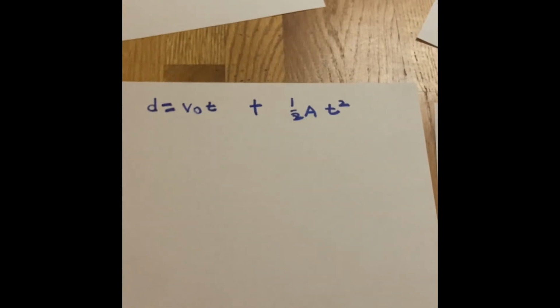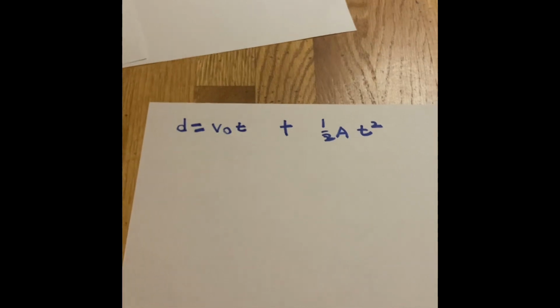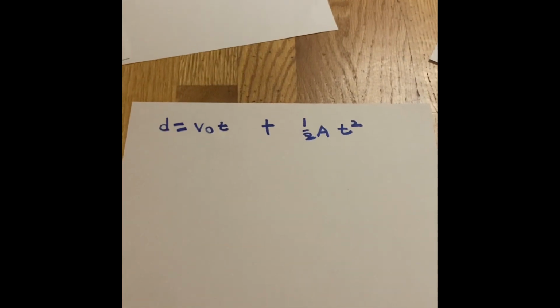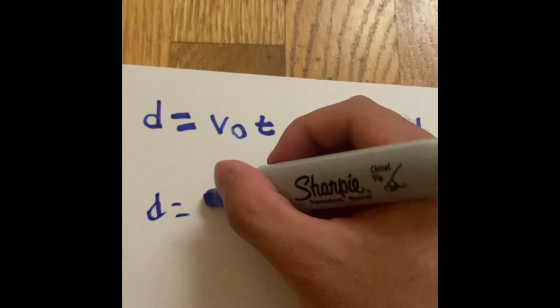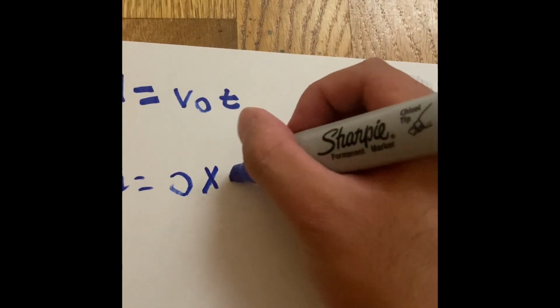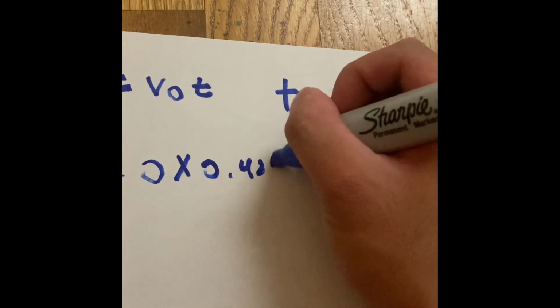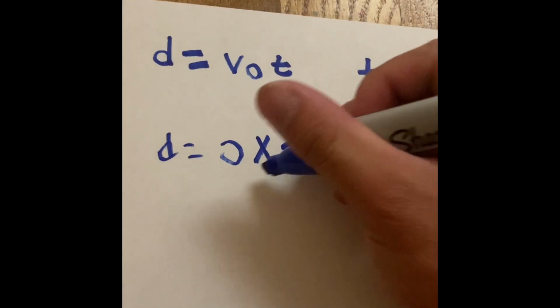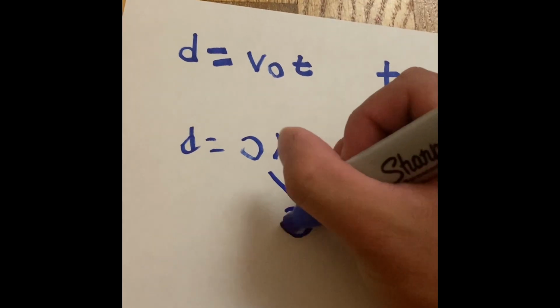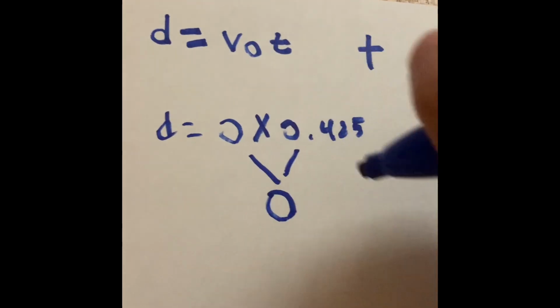And that is a really big formula, but we'll simplify it down. What we have is our d is going to equal 0 times 0.425. However, when we multiply anything by 0, it becomes 0. So we can ignore that for now.